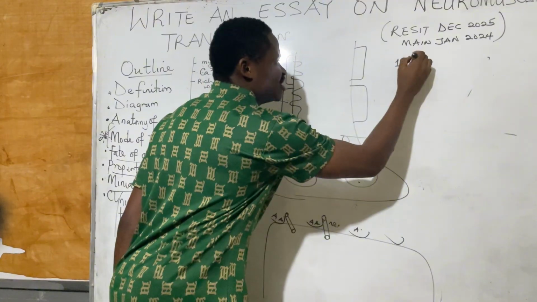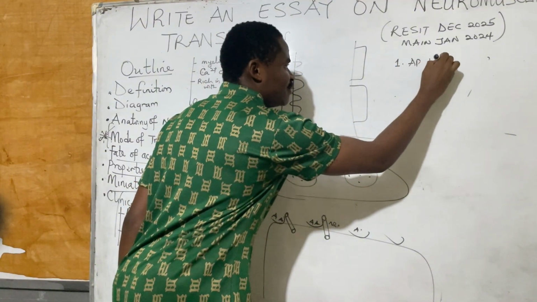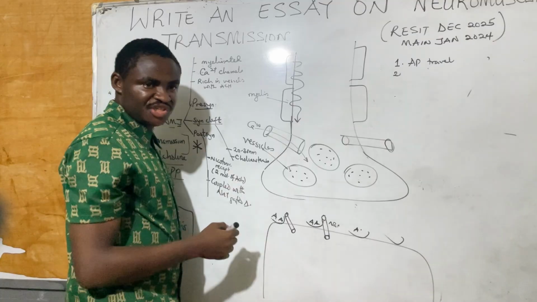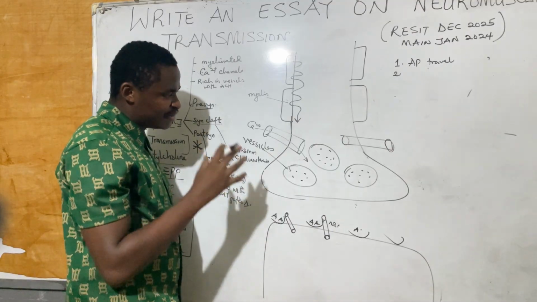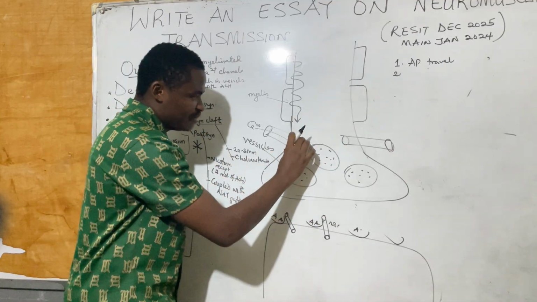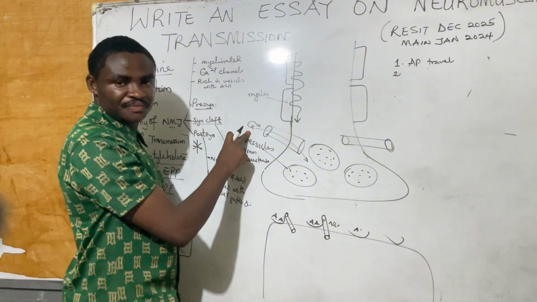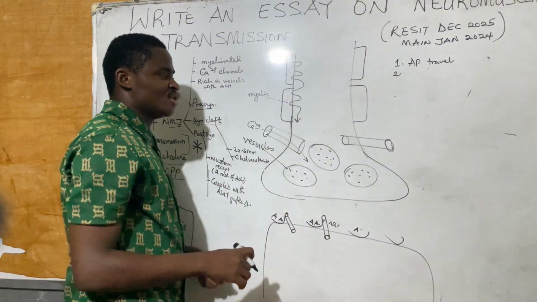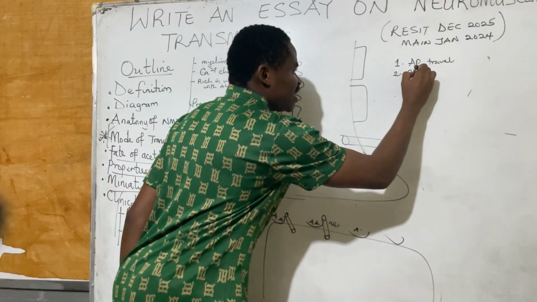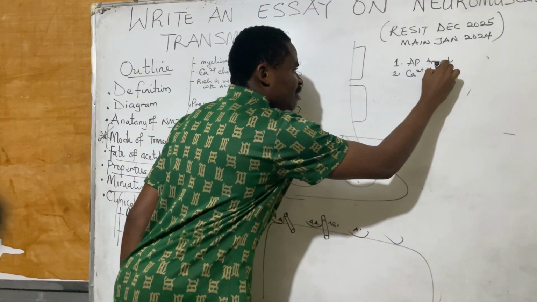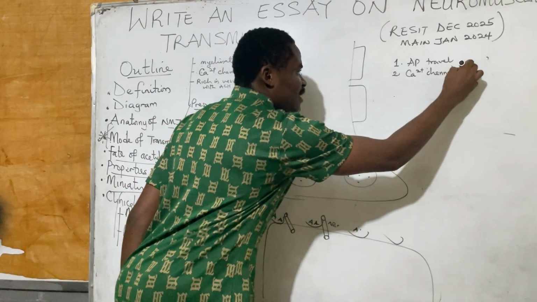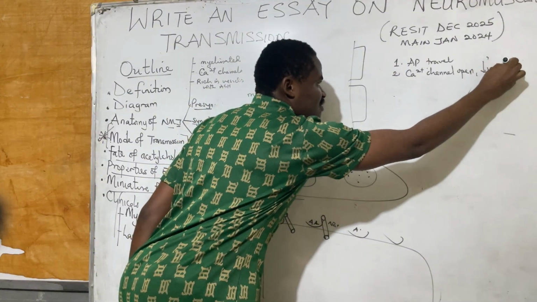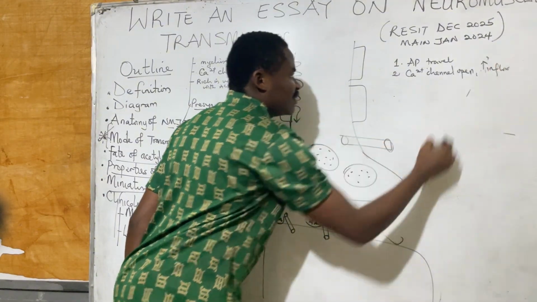If the action potential travels till it reaches here, the interpretation is that we must open channels of calcium to help with the eventual release of acetylcholine into this space. So number two, calcium channels will open, and there is an influx, an increase in influx.